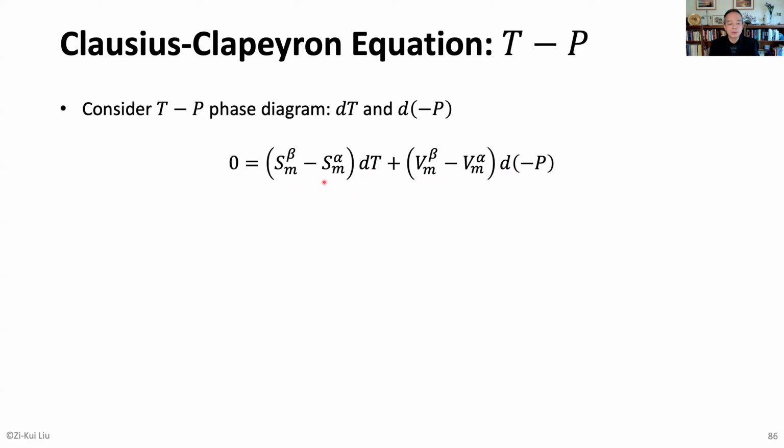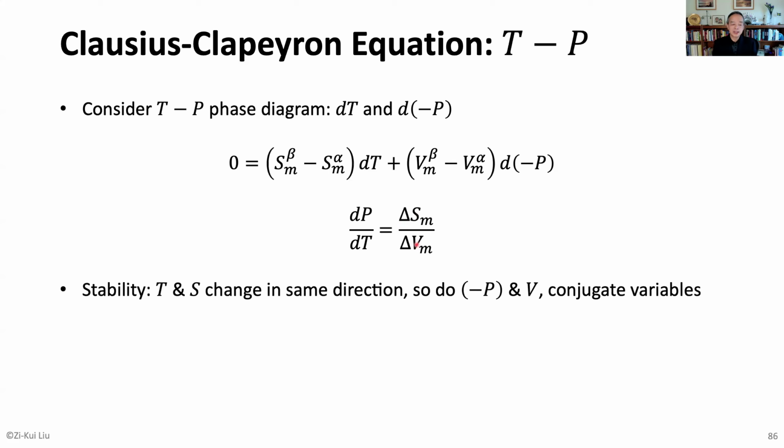So this would be molar entropy, molar volume. No, I should have MA here too, right? Because for one component, now for the component A, we get this relation. So now dP over dT. Because you have a minus sign here, we don't have a minus sign here. So it's delta S divided by delta V.